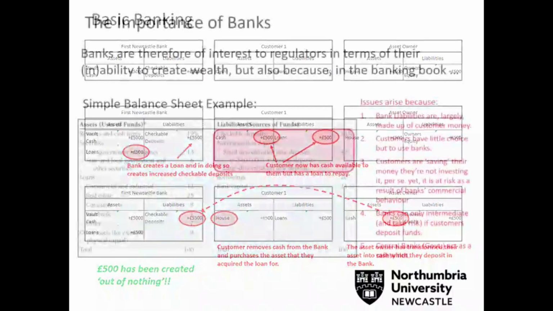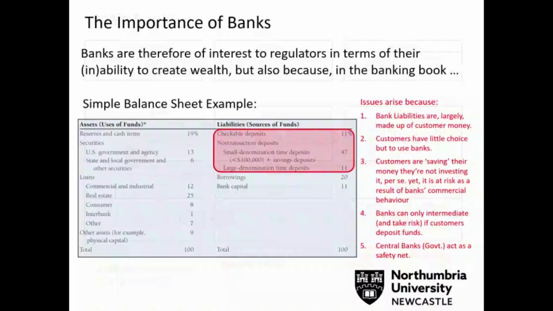And just to recap, again using a simplified balance sheet, what you can see here, certainly on the liability side, remember that's the funding side, how the banks fund their assets, they mainly have it through customer deposits. What you can see is a breakdown of ways that banks potentially fund their loan and wealth creation.